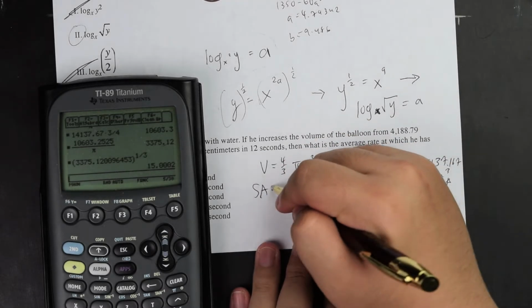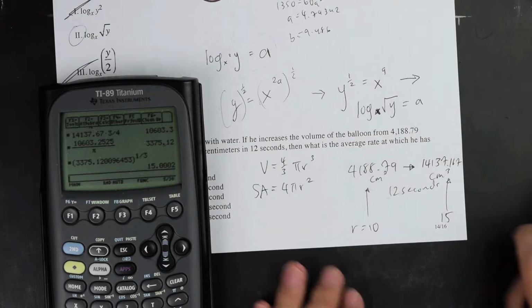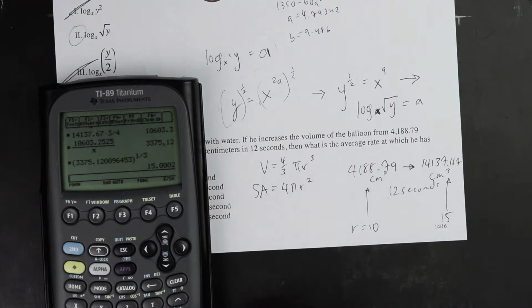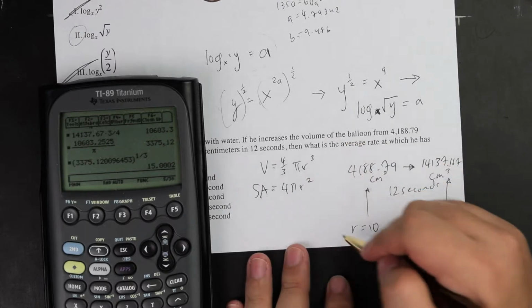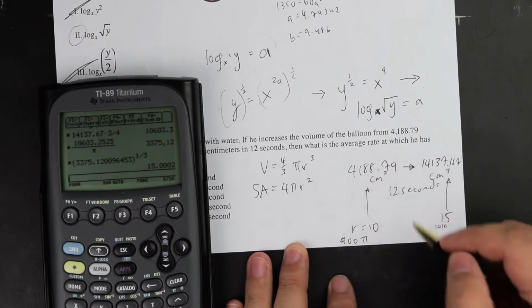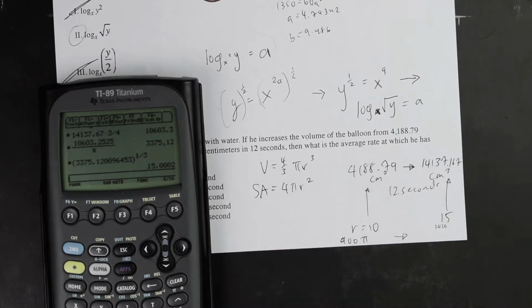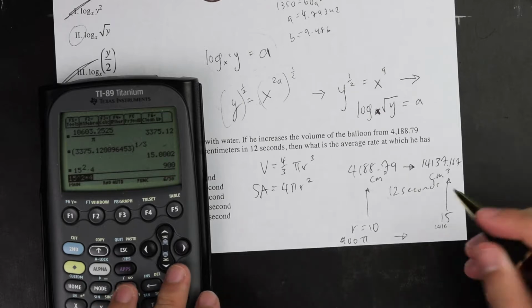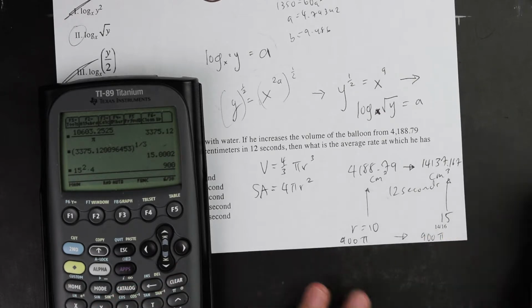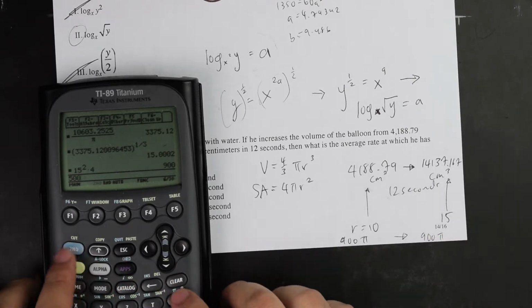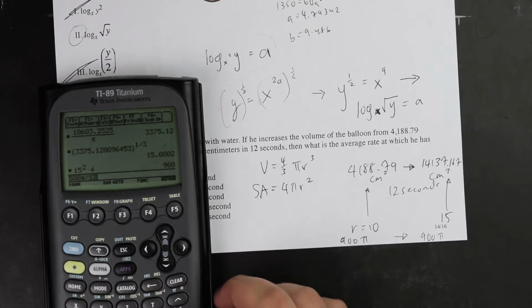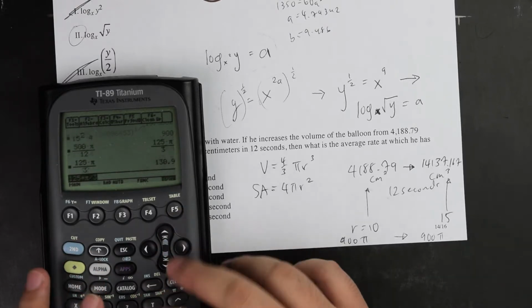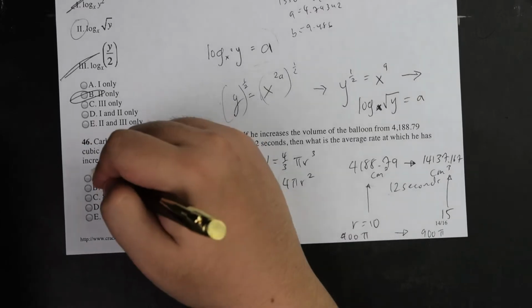So let's get 100, 400, 400 pi. So it'll be from 400 pi to, let's see. Difference.